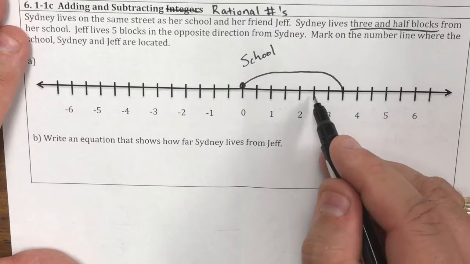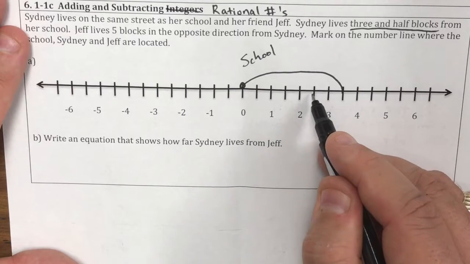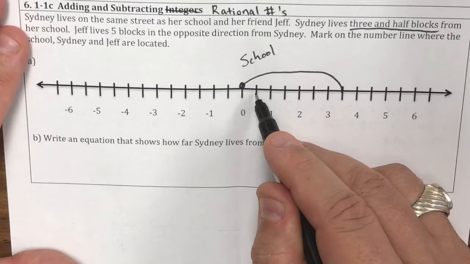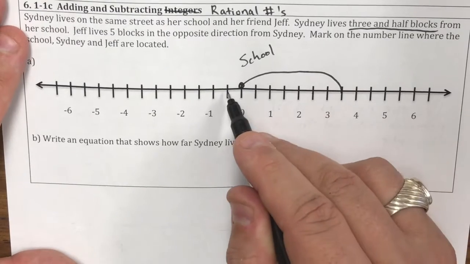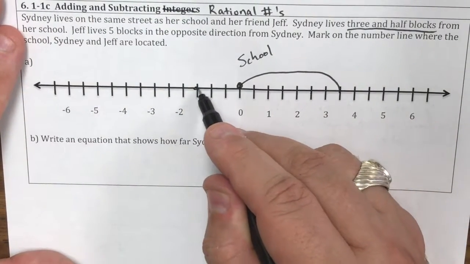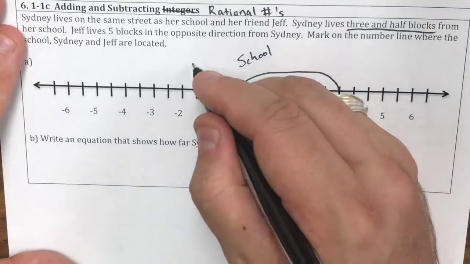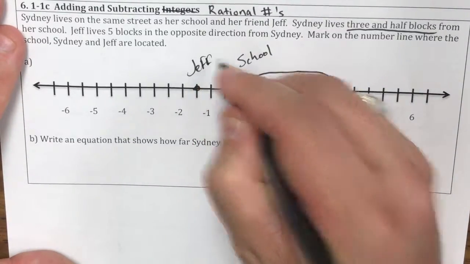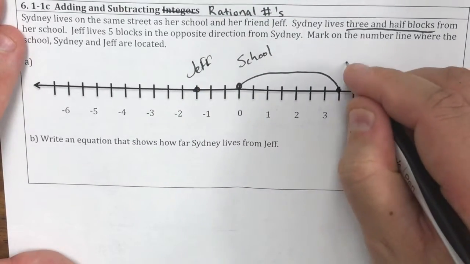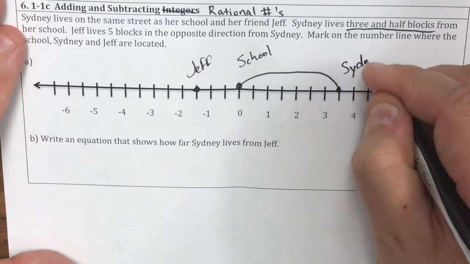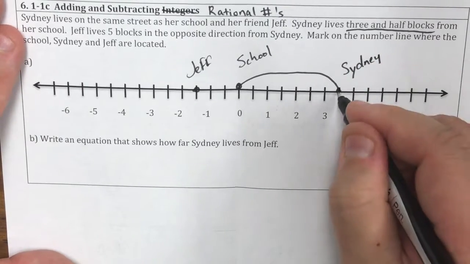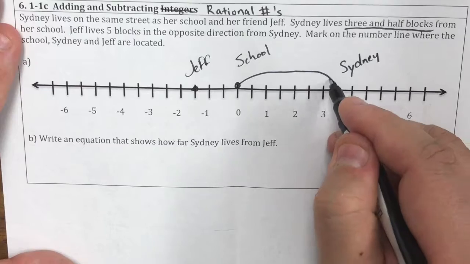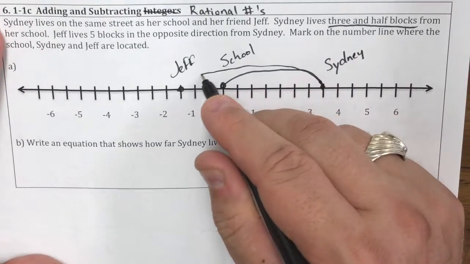So I'm going to use the halves and count 1, 2, 3, 4, 5. And this is Jeff. And this was Sydney. Okay. So we'll just go back this way.